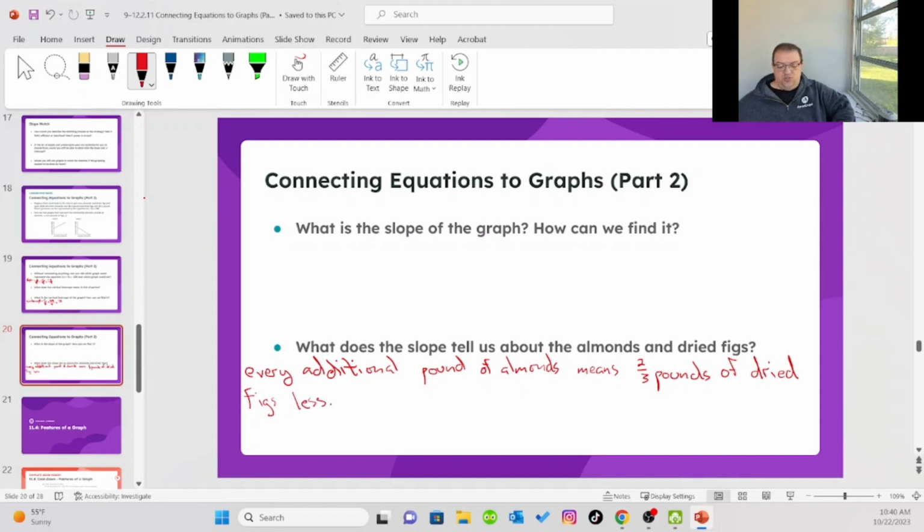We are going to lose 2/3 pounds of figs every time we add a pound of almonds.